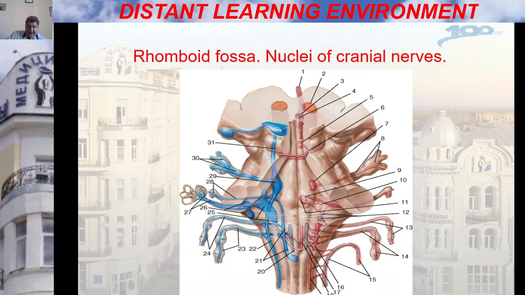The 10th pair, the vagus nerve, has the following three nuclei. The sensory nucleus of the tractus solitarius lies next to the nucleus of the hypoglossal nerve. You may see this in blue color in number 21 here.